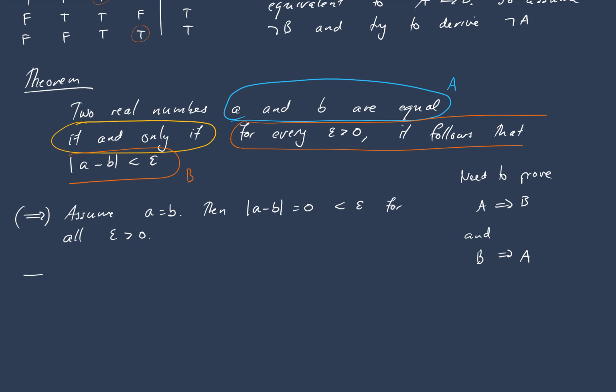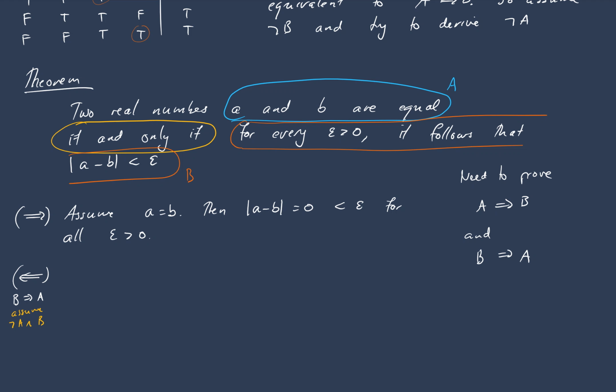The other direction, we're going to attack using contradiction. So now I'm doing B implies A. Contradiction, just recall, we take the conclusion, which in this case is A, we negate it, and we assume that the negation and the hypothesis are both true.